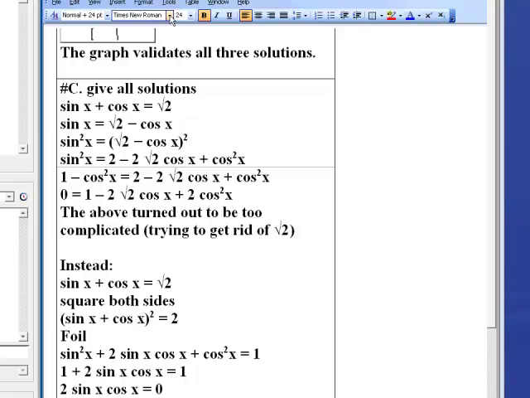That's for the sine. And for the cosine, I come up with 0 at 90 degrees and 270 degrees. And again, in radians, that will be pi over 2 and 3 pi over 2.